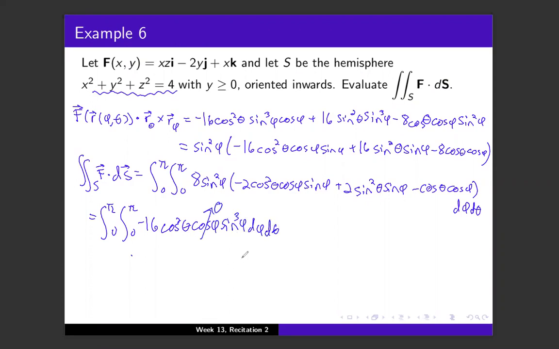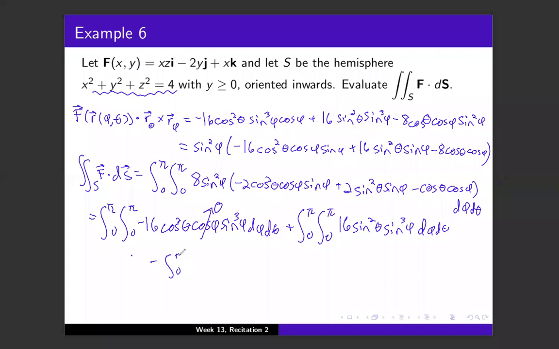That's going to go away because that's going to become sine to the 4th phi evaluated from 0 to pi, which is 0, plus the integral from 0 to pi of 16 sine squared theta sine cubed phi d theta. That might not go away, but that'll still be not terrible. And we'll fix that in a little bit.